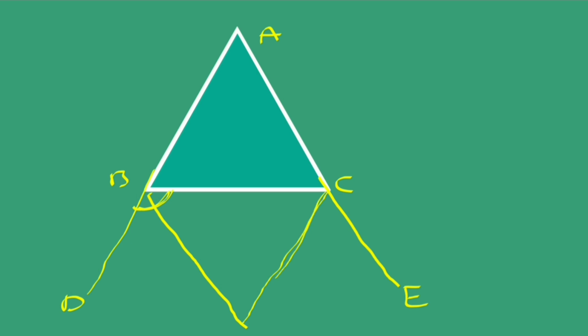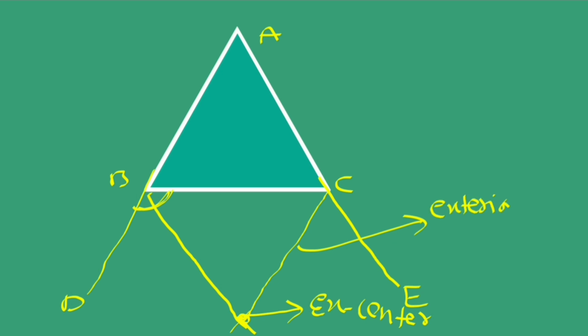Now both exterior angle bisectors meet at one point. This point is called the excenter. These both lines are exterior angle bisectors.